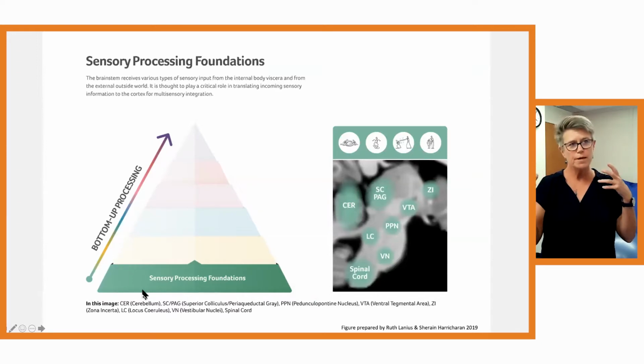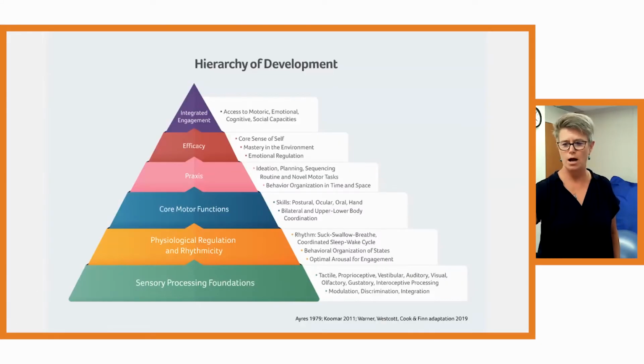And if there's been a poor wiring up at this brainstem level and at the sensory processing level of information organizing, you're going to get dysregulation all the way up the system.